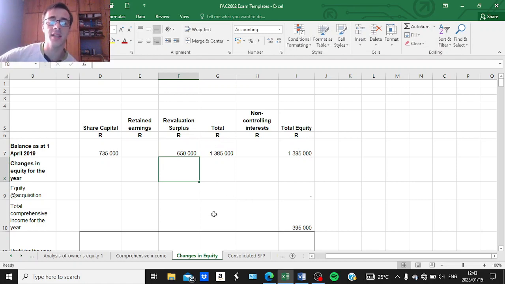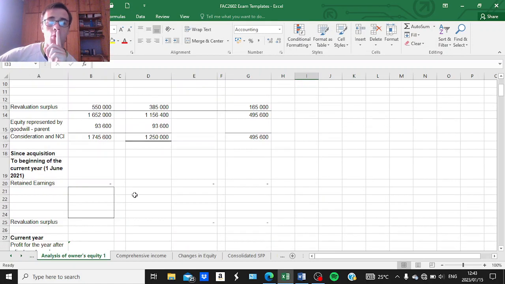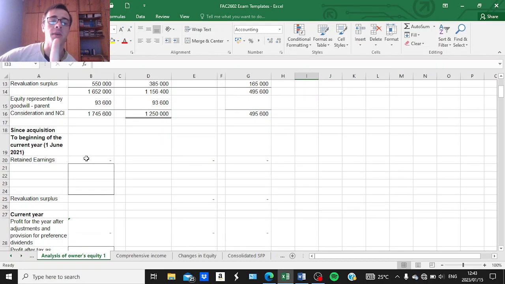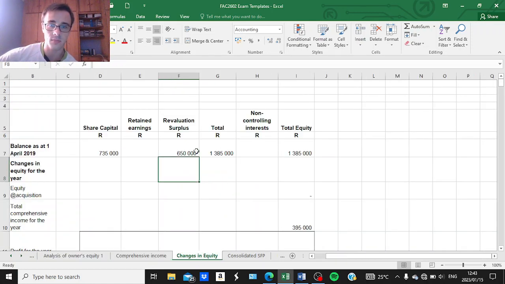Keep in mind, however, that if there was a revaluation for the subsidiary between acquisition and the beginning of this year, the portion that is allocated to the parent, so this amount right here, would be included in the opening balance calculation. Please take note of that.